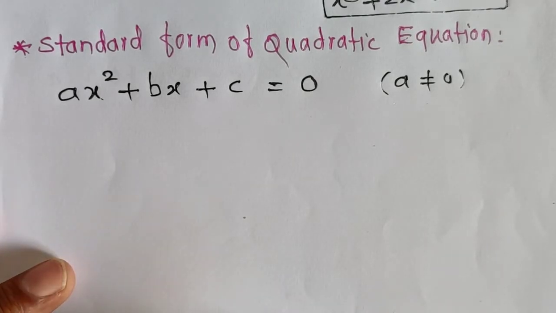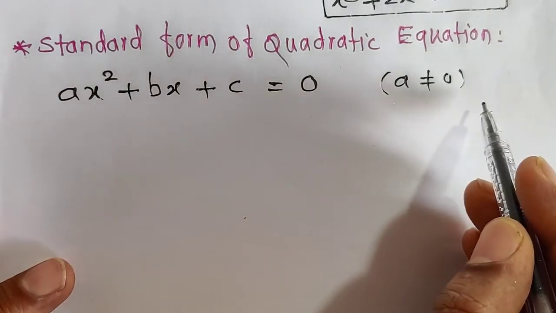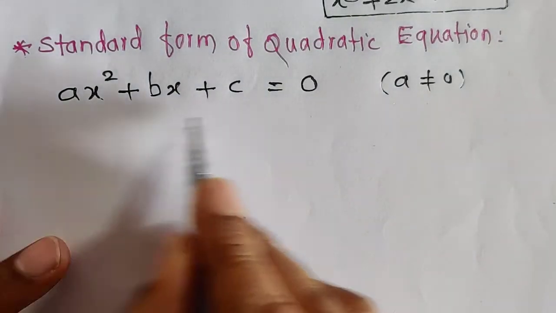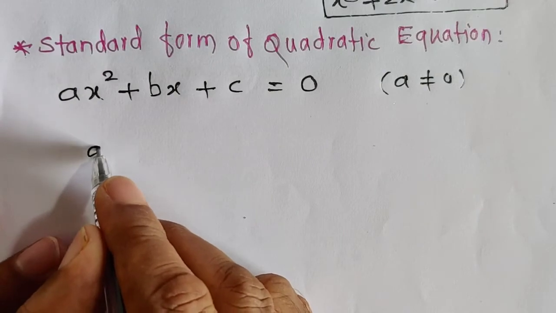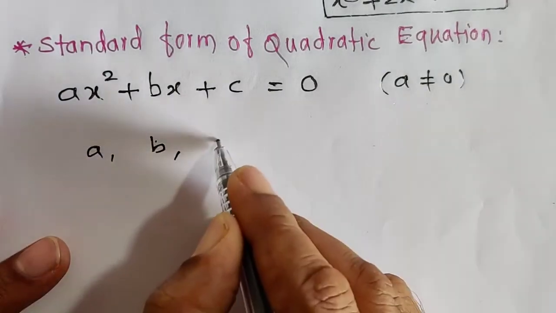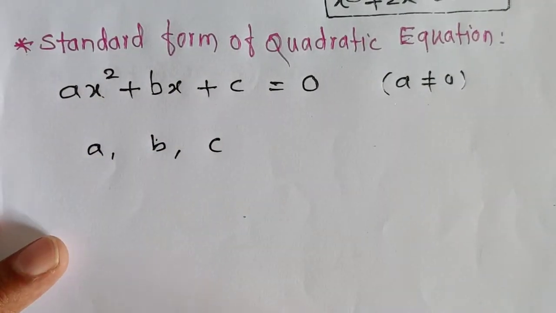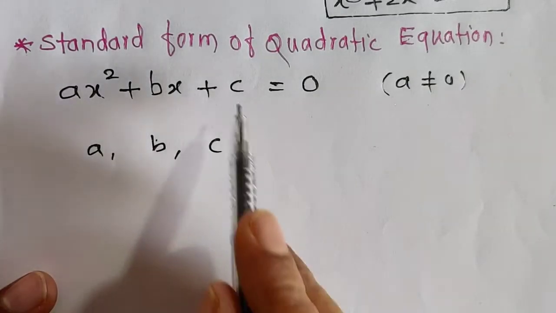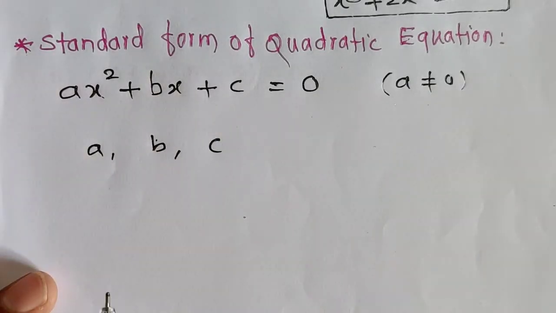That is why a is never 0. So this is called the standard form. Here a, b and c are the coefficient of the square term, the coefficient of the middle term, and the constant term. So a, b, c are numbers.